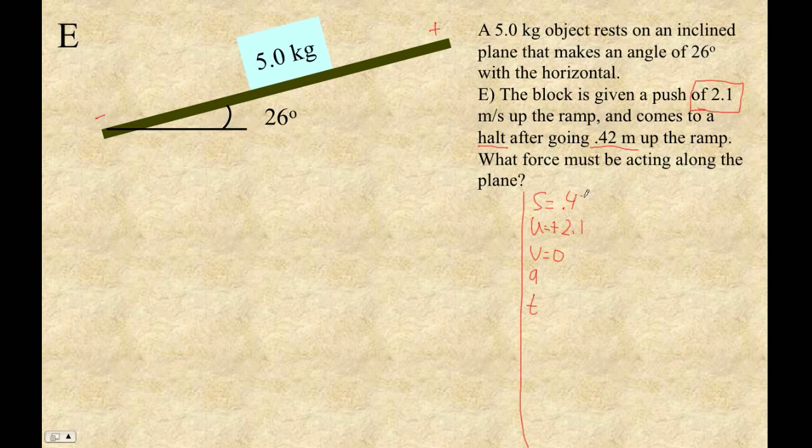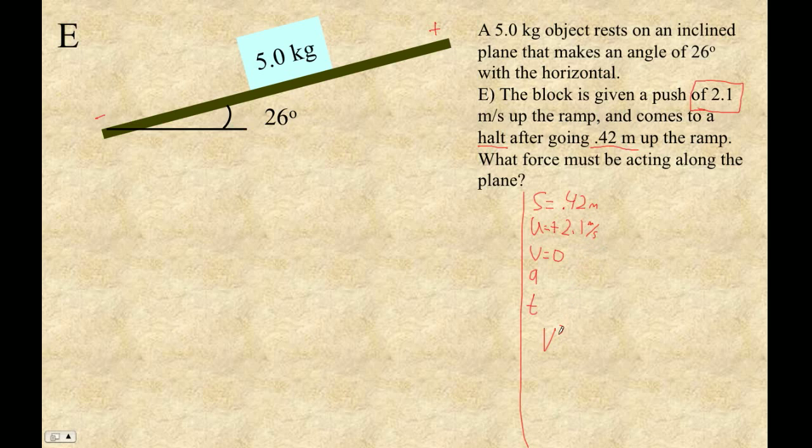Now, to be sure, if you stop moving up the plane, you've accelerated down the plane. So no matter how this plays out, this acceleration has to be negative. We just know that. But let's see if our formulas give us that.